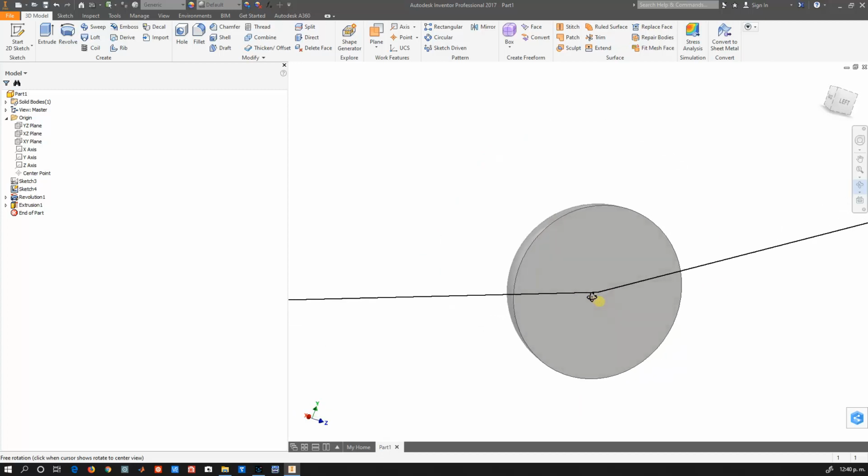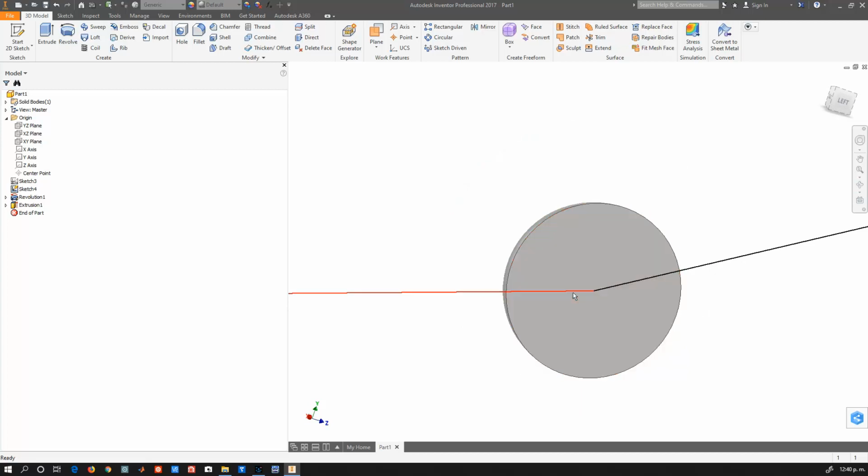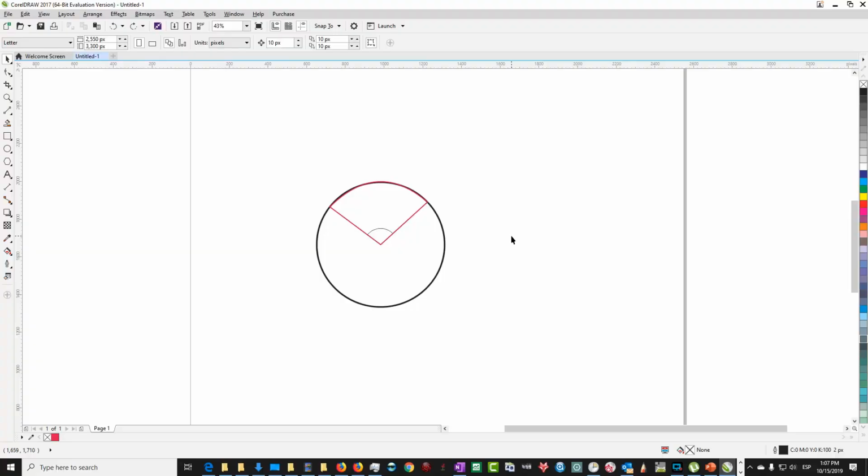So you can relate the angle formed by these two lines to the perimeter of the circle, and therefore you can calculate the distance between this point and this point. As I told you before, if you have two lines passing through the center of the sphere, you can cut this sphere into a circle, and then you can relate the angle formed by these two lines with the distance between two points on the surface of the sphere.